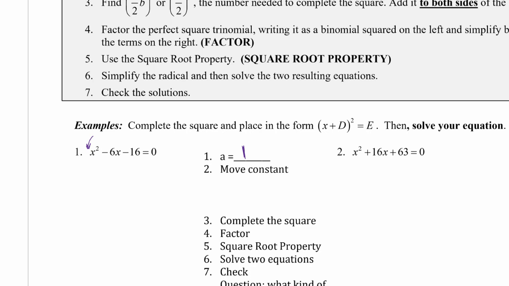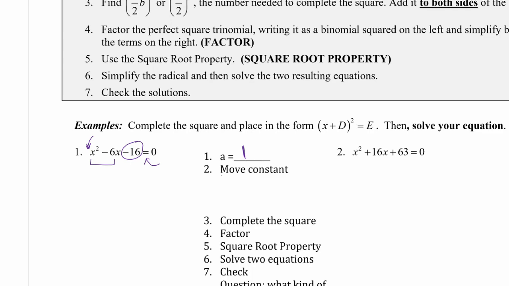So now we're going to do something a little bit different. Notice this time we have an equation. We actually have an equal sign. We have two sides of the equation. So that negative 16 here, we want to use the x squared minus 6x to complete the square, but that constant is kind of in the way.